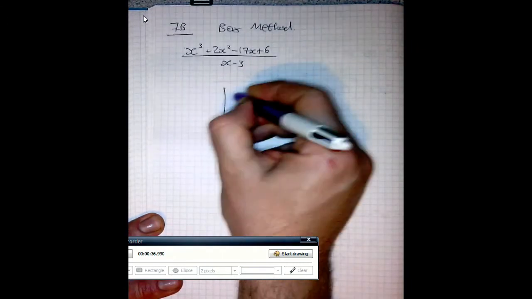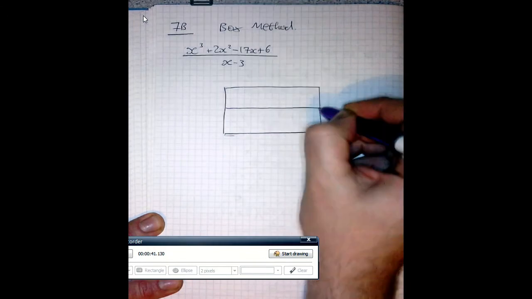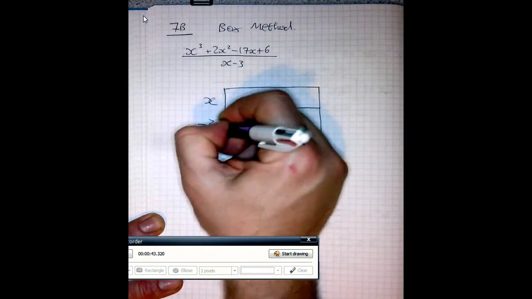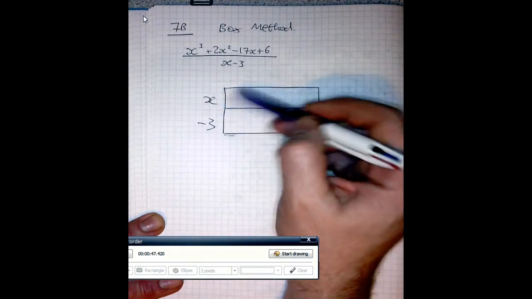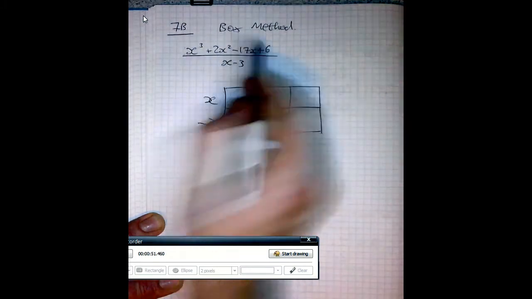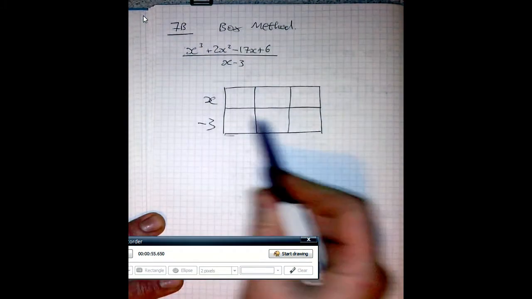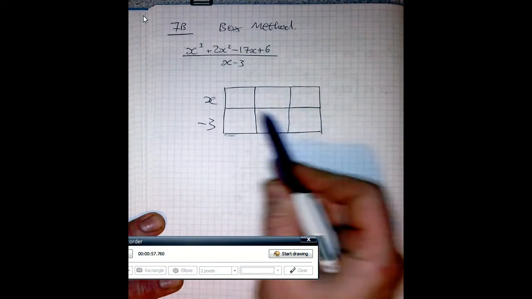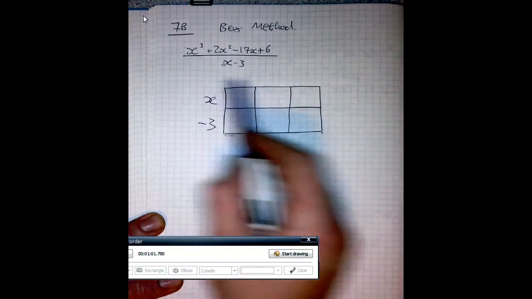Now, the thinking behind this is it's a multiplication grid. So what I'm saying is x minus 3 times something gives me the x cubed plus 2x squared and so on. So the contents of the box, the product of my two factors, is my cubic, and up here, the quadratic factor is what I want.